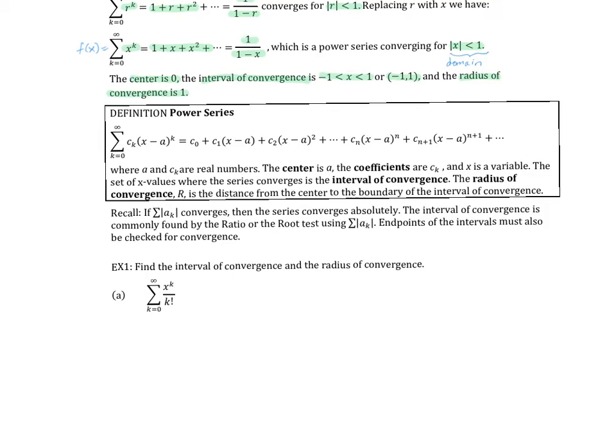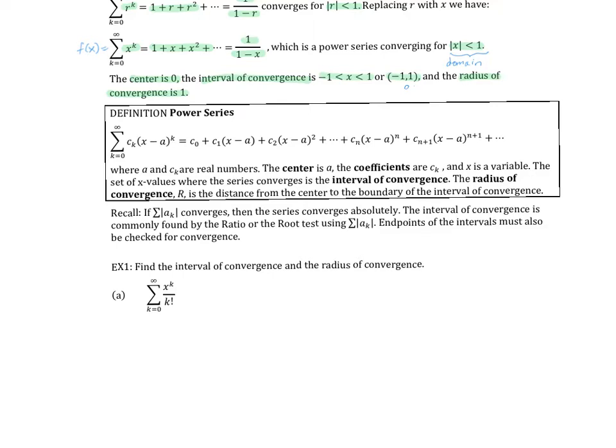So your radius of convergence is the distance from your center to an endpoint. So notice in this interval from -1 to 1, the center of this interval is 0. If I add 1 to 0, I get the endpoint 1. If I subtract 1 from 0, I get the endpoint -1.